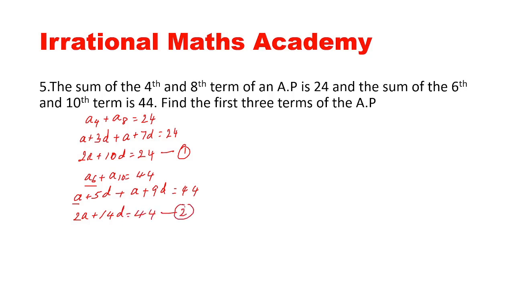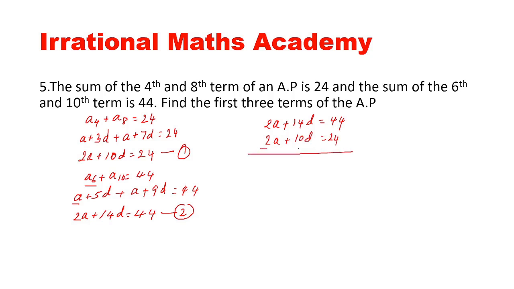This is my equation 2. I'll solve equation 1 and equation 2 to get my A and D values. So let me write down here 2A plus 14D equal to 44, 2A plus 10D equal to 24.